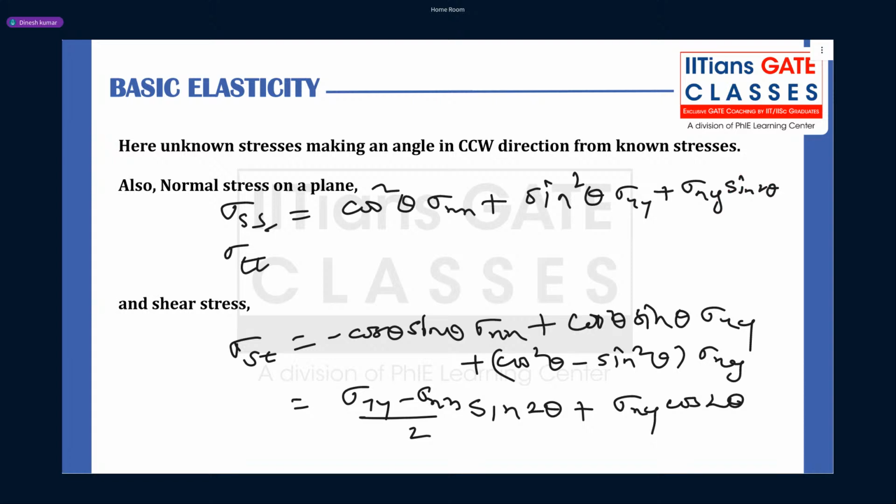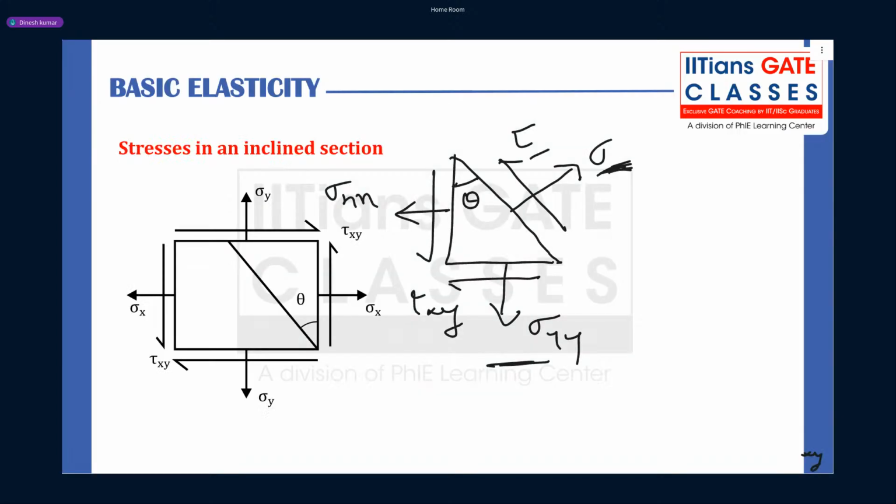Some people write without knowing what it is: sine square theta sigma XX plus cos square theta sigma YY minus sigma XY sine 2 theta. Clear? Now I will explain. In this triangular element you can see this angle will be theta, so this is nothing but sigma SS.